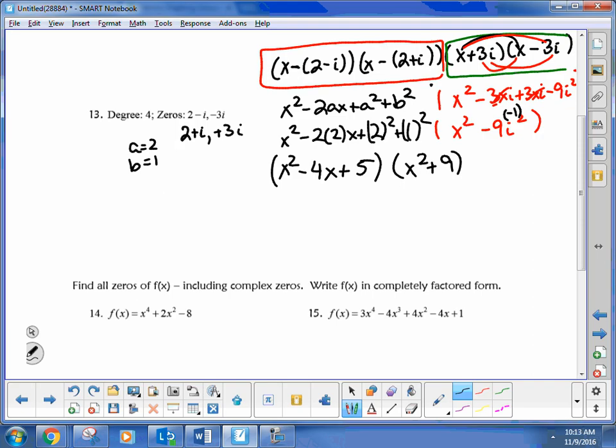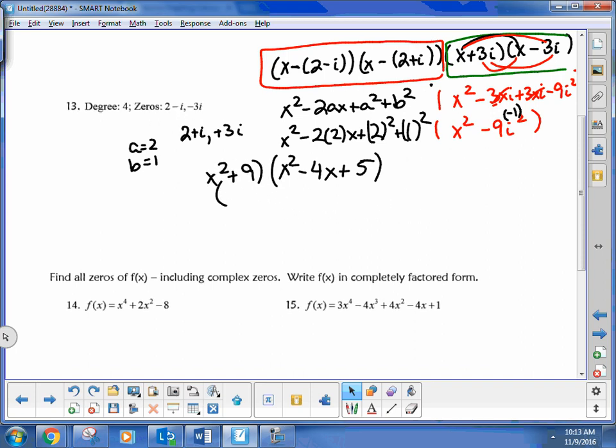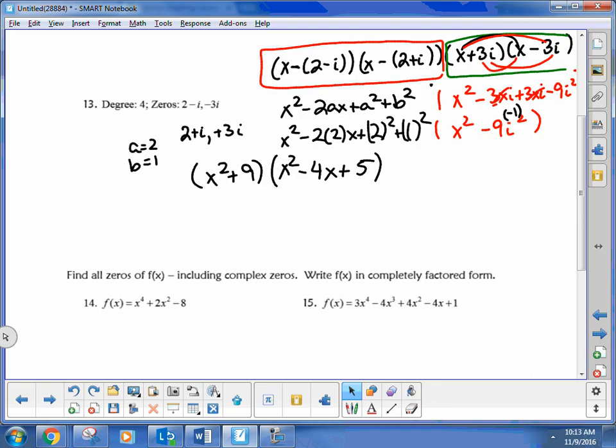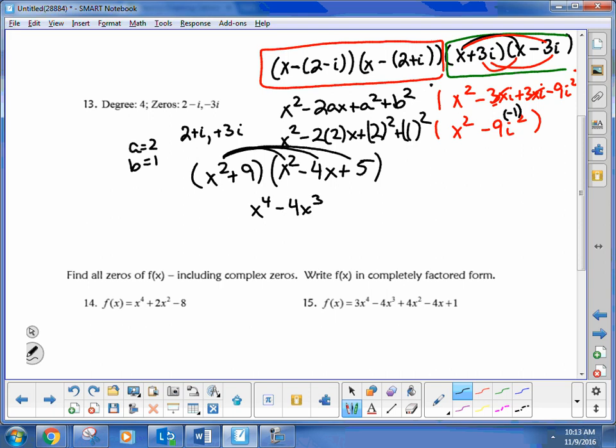So when we solve for this one, we're going to go ahead and produce something similar to what we did before. But this time, just to make it easier, I'm going to move that parentheses as well over here to the front. I'm going to leave that where it's at. And what I'm going to plan to do to solve is just FOIL. So x to the fourth minus 4x cubed positive 5x squared positive 9x squared minus 36x positive 45.